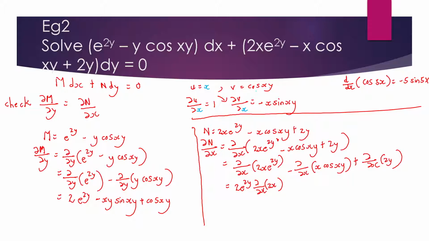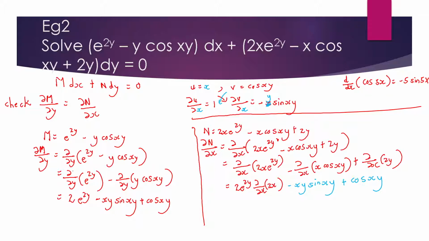So this is del v del x. You differentiate with respect to x. Now y is constant, so you factor out y. When you del x cos, it is negative. That's why negative y sin xy. Okay, the result is u del v del x, which is negative xy sin xy, plus v del u del x, so plus cos xy.